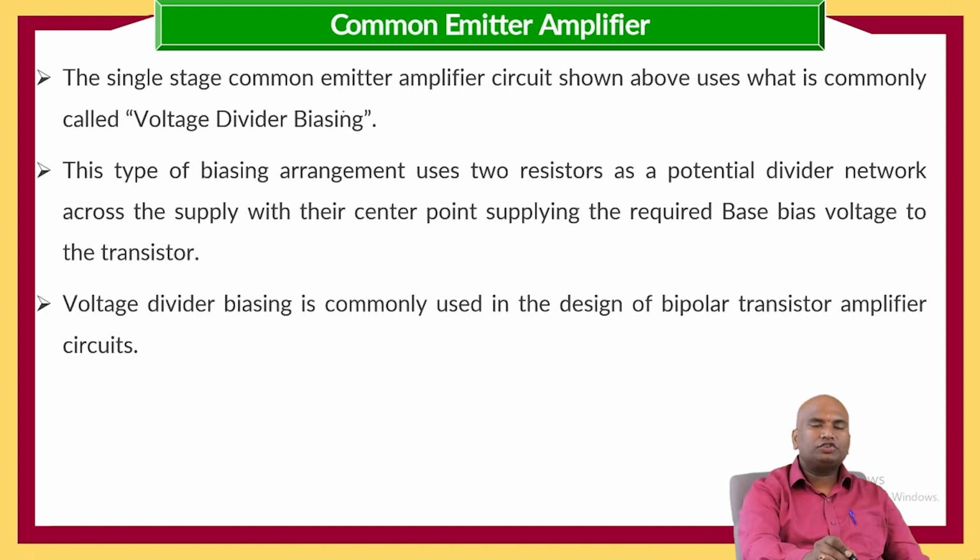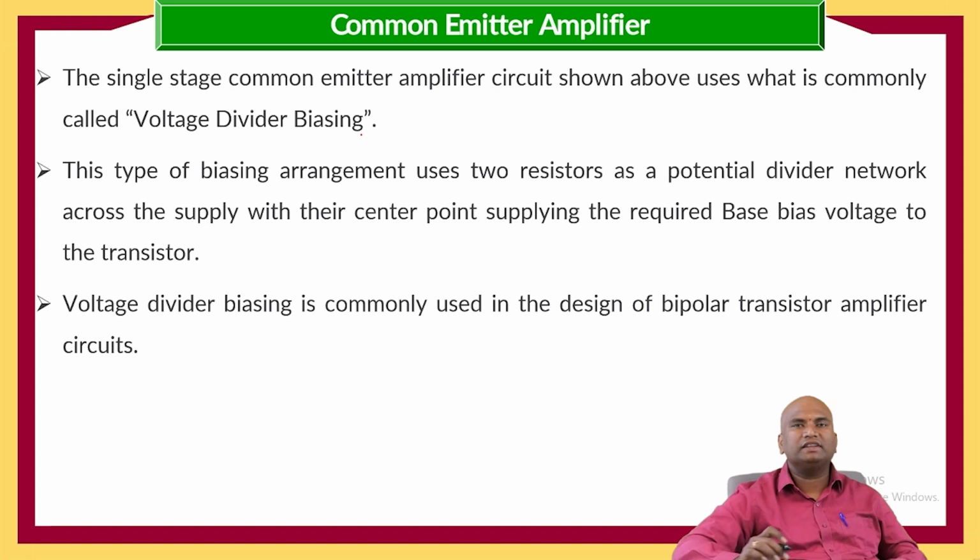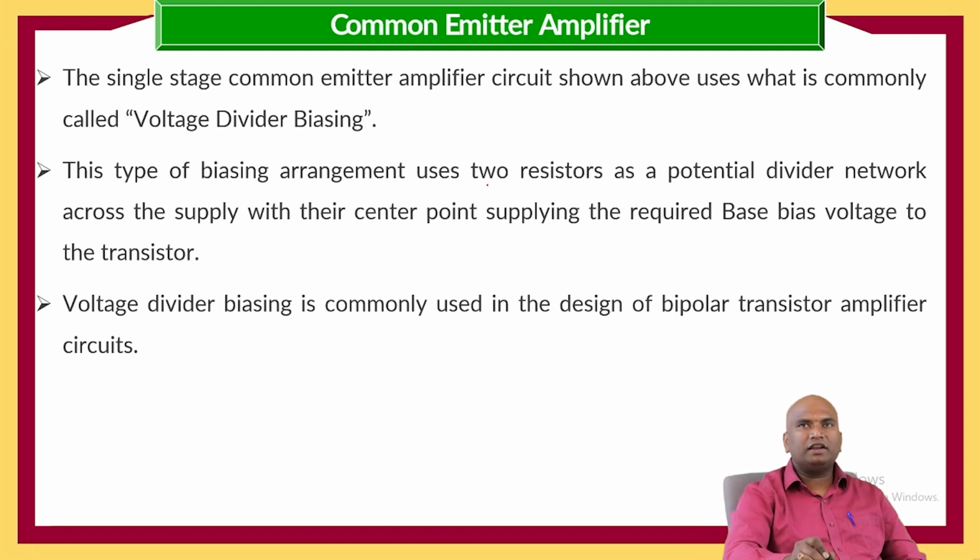A single stage common emitter amplifier circuit shown above uses what is commonly called voltage divider biasing. How can we get the VCE value as half into VCC? That is by using the voltage divider circuit. So this type of biasing arrangement uses two resistors as a potential divider network.